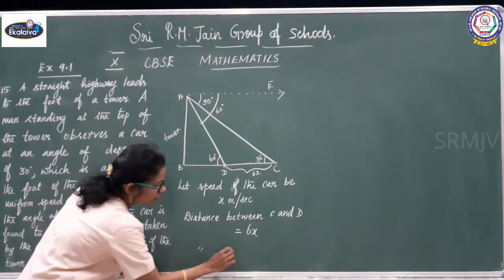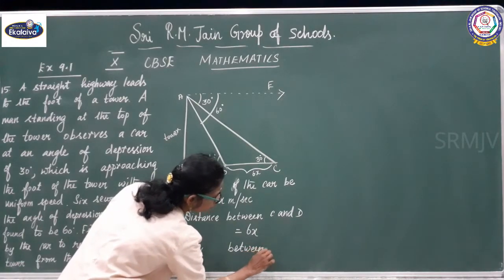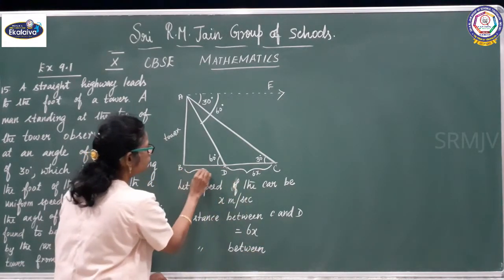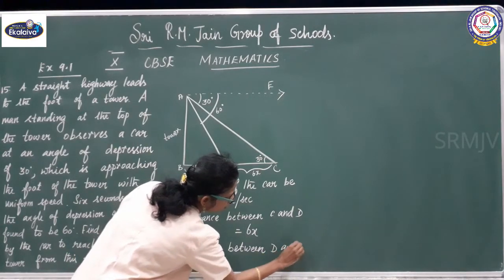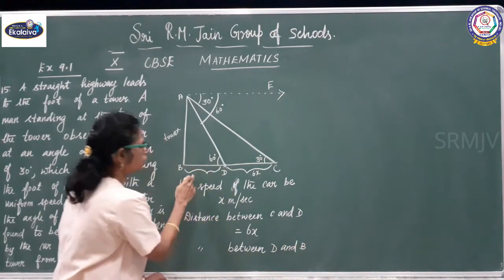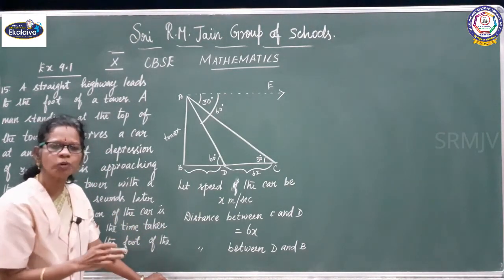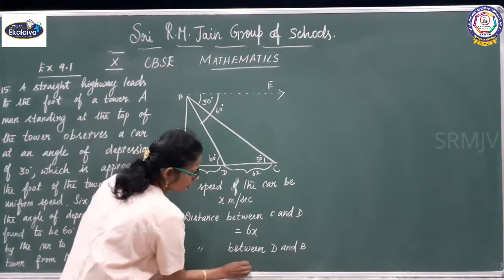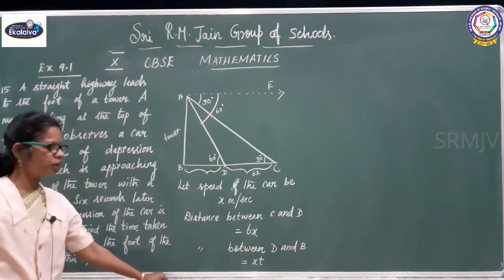Then what is the distance between D and B? Here the time you don't know. So here also the same, distance equals speed into time. That you are considering as xt. Got it, children?